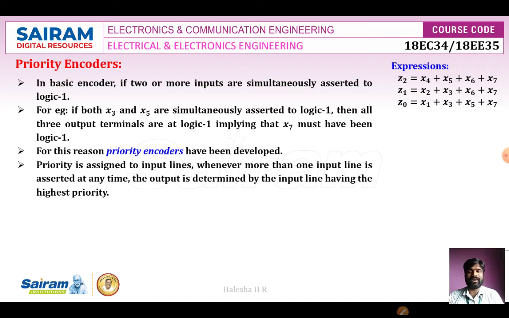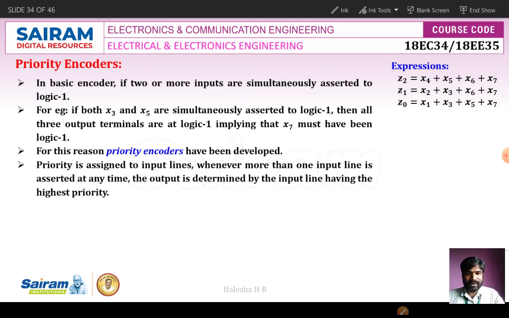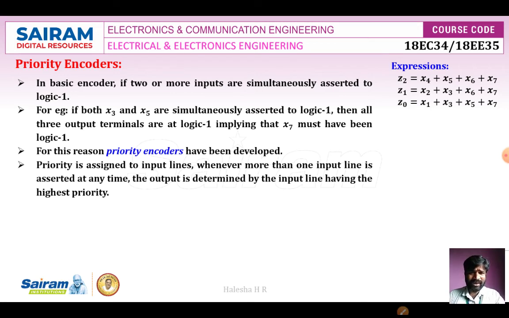So in a priority encoder we assign a priority to the input lines. Whenever more than one input line is asserted at any time, the output is determined by the input line having highest priority. So in the same example, if x3 and x5 are selected, it checks which input has higher priority, and it gives output corresponding to the highest priority input line. This is what priority encoders are.